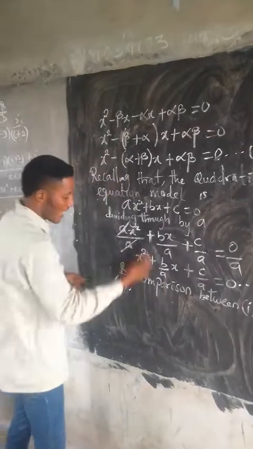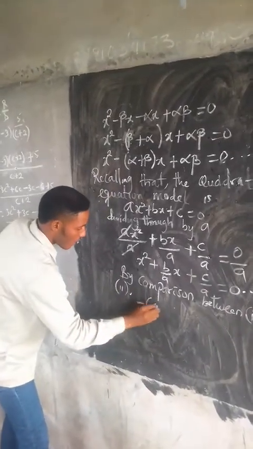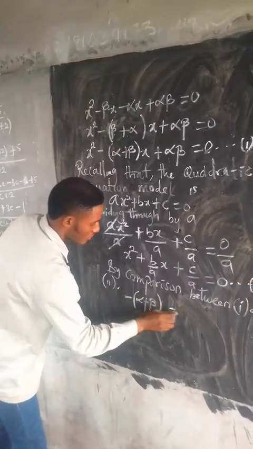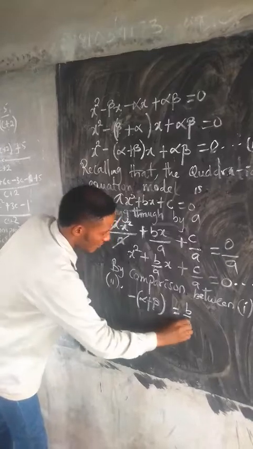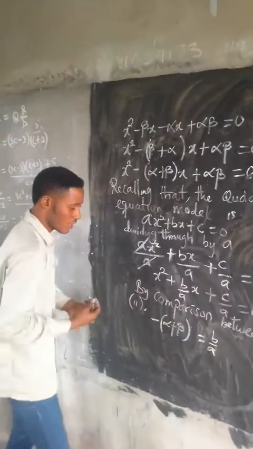Since they are similar, we have minus (alpha plus beta) equals b over a. Remember, we are comparing equation 1 and equation 2 so as to make the necessary equations.